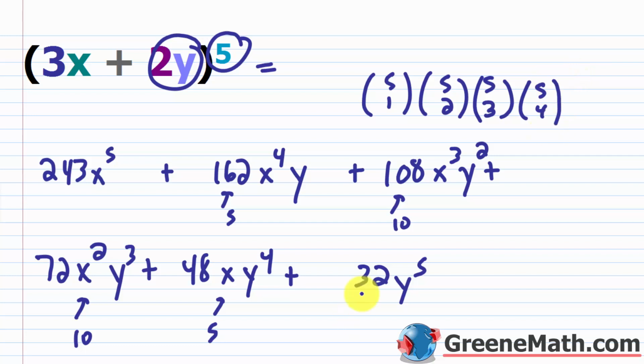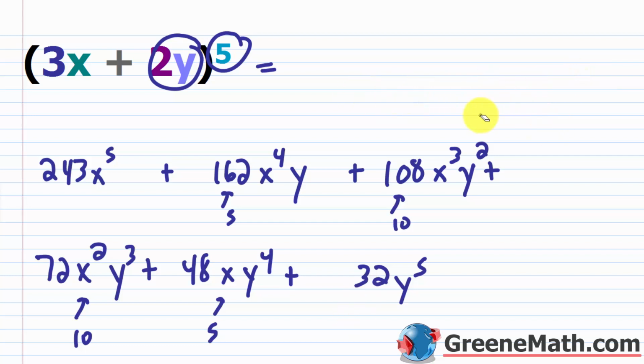Okay, so let's get rid of this and do our multiplication. This stays unchanged. 5 times 162 is 810. 10 times 108 is 1080.